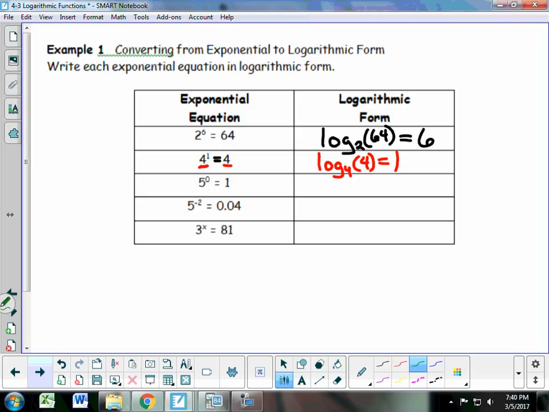All right, this next one, log base 5 of the answer of 1 is equal to the exponent of 0. All right, log base 5 of 0.04 is equal to the exponent, which is negative 2.